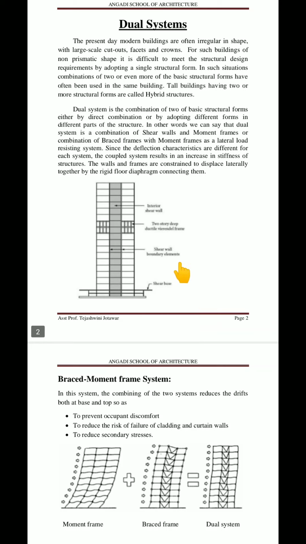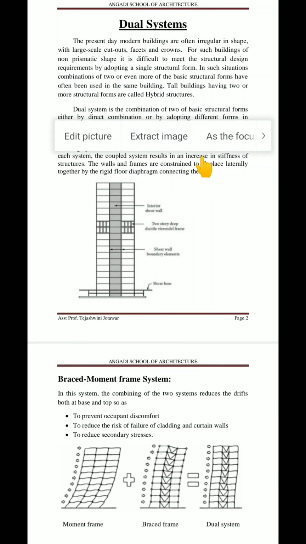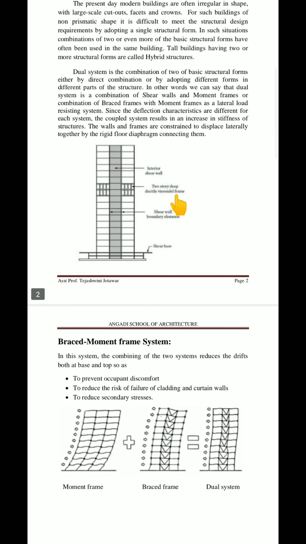By doing so, the coupled system results in increased stiffness of the whole structure, and the walls and frames are considered to displace laterally together by a rigid floor diaphragm connecting them.